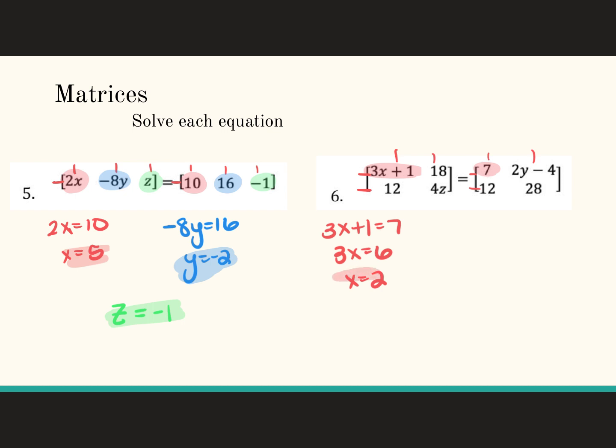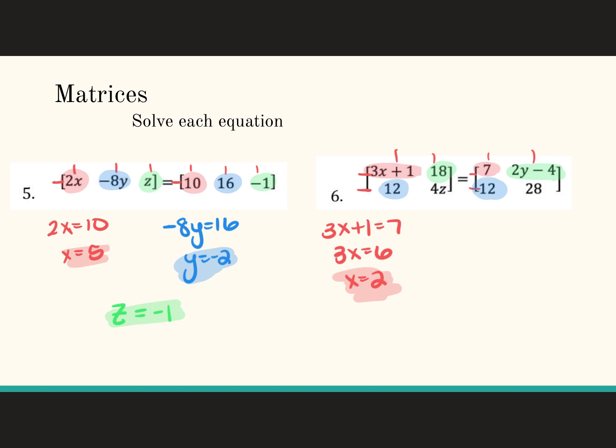Hopefully I'm not going too fast for you on this. Next one I can look at here, I can say second row, first column, second row, first column. Well, 12 equals 12. That's done. There's nothing I can do there. Okay. Second row, second column, second row, second column.